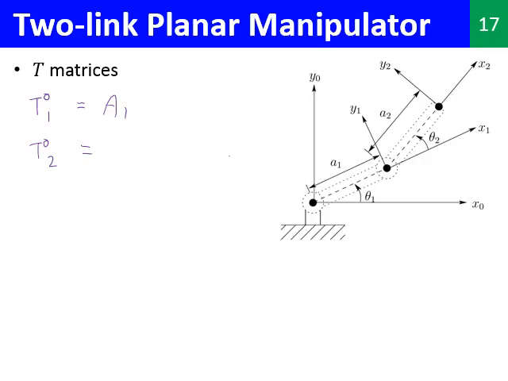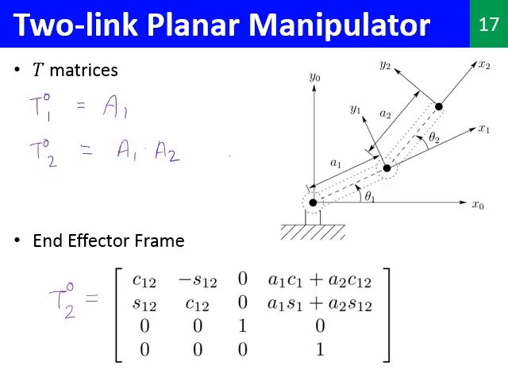So that is going to be the multiplication of A1 and A2, right? So we have all the A matrices ready, so it's just the multiplication that we need to do. So the end effector frame, that is T02 in this case, can be obtained by multiplying A1 and A2, and we will get this resulting matrix.